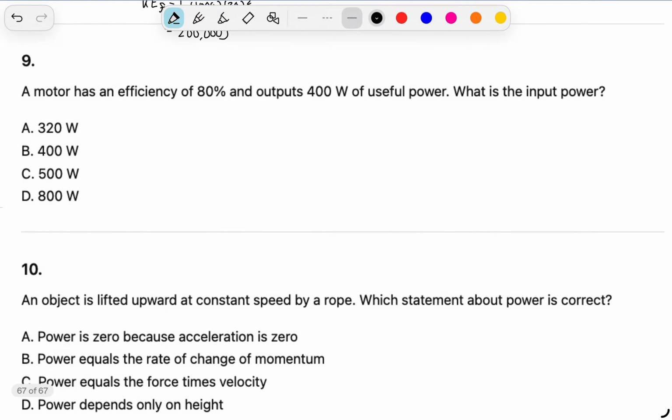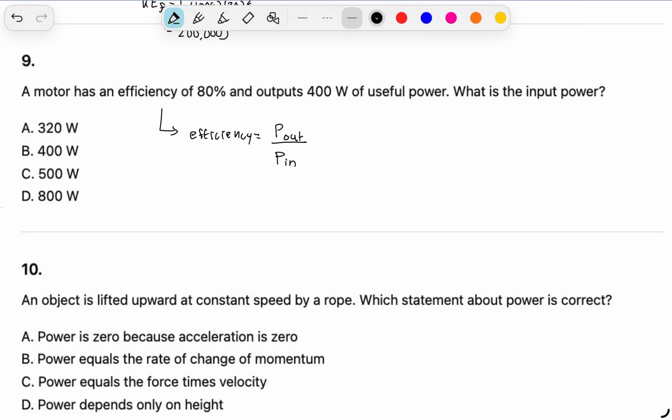A motor has an efficiency of 80% and outputs 400 watts of useful power. What is the input power? So when you have efficiency, it is equal to the power that you put out over the power that you put in.